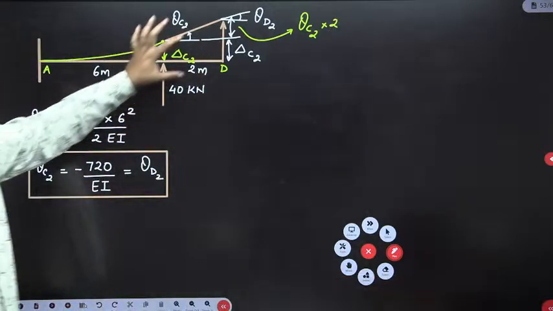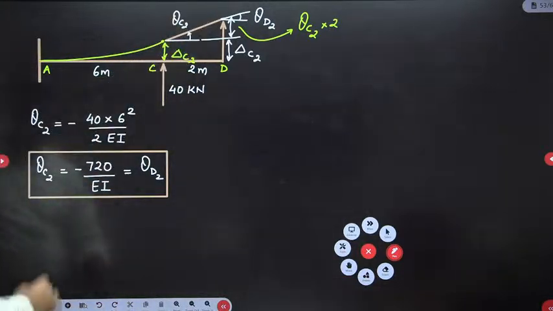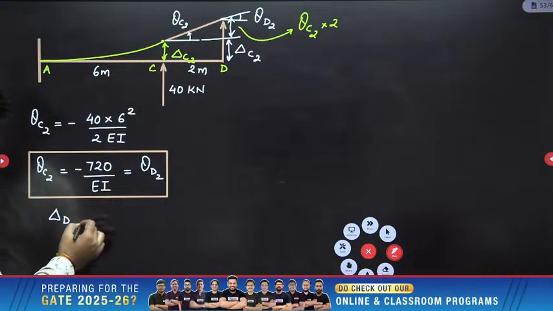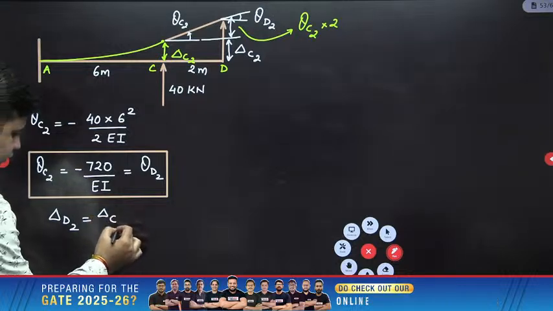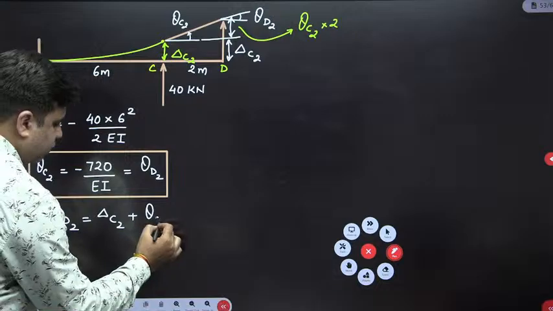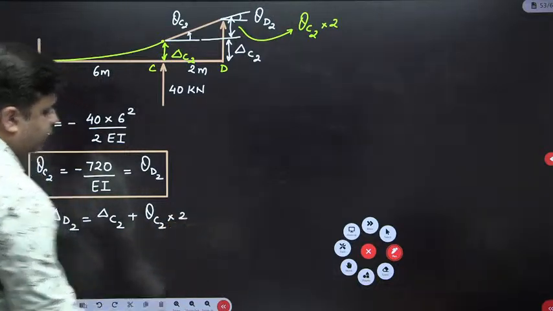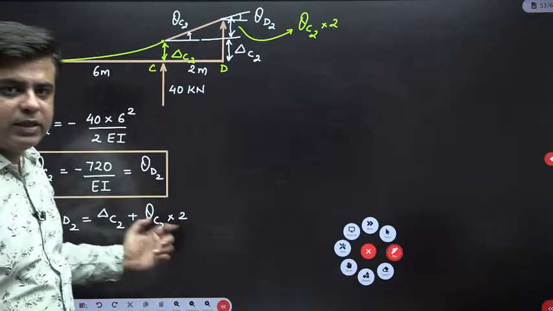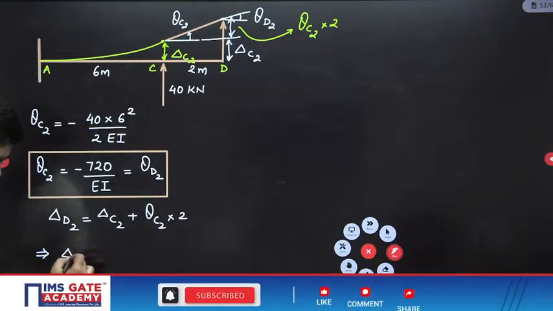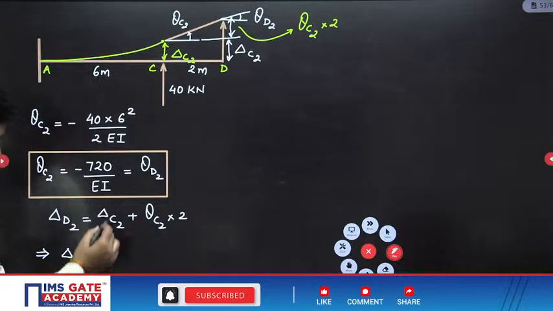So the total value of delta D2 is equal to delta C2 plus theta C2 into 2. Since the deflection is happening upwards, I have taken the plus sign here. Okay. Please substitute the value. So delta D2 is equal to delta C2.